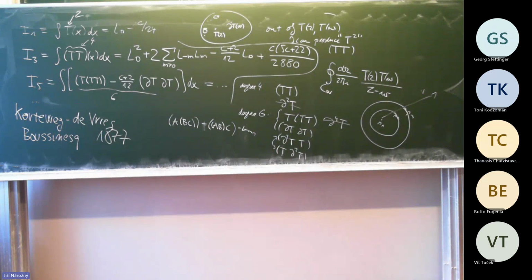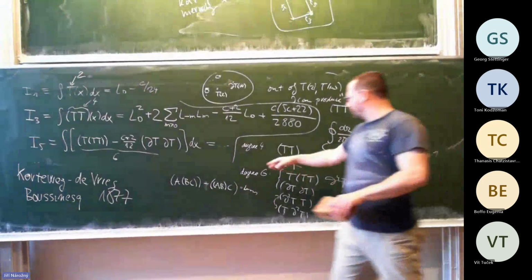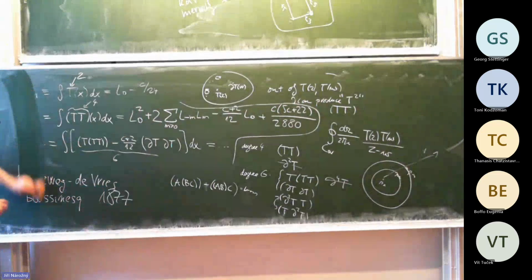But the fact that these things give you integrable systems and so on was only found in the 70s. So it took about 100 years until people realized that, even in the classical case, how beautiful these equations are.